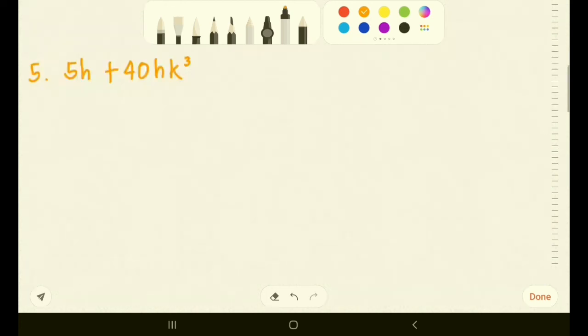Let's have the fifth example. So you have here 5h plus 40hk cubed. Let's check first if the two terms are perfect cubes. Since there are two terms, it could be a sum of two cubes. But check if they are perfect cubes. 5h is not a perfect cube, and 40h is also not a perfect cube.